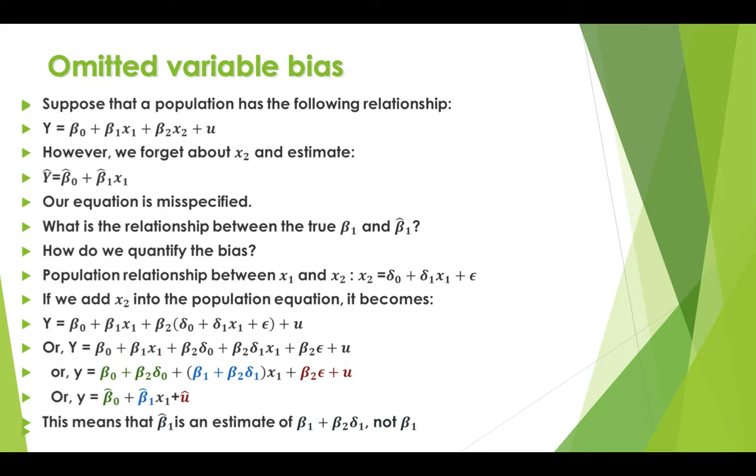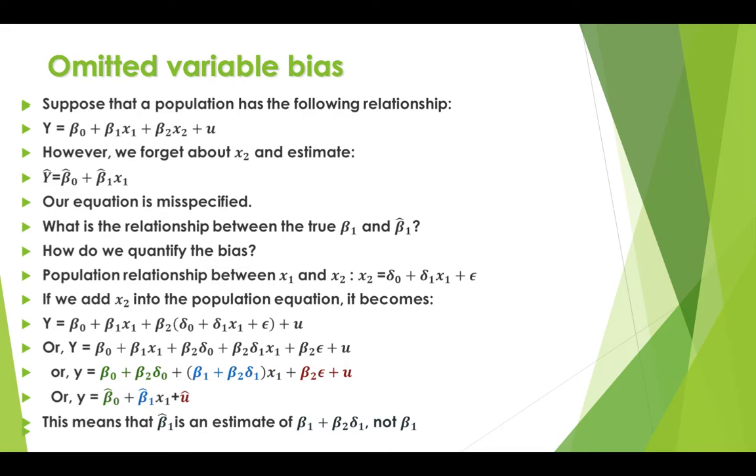Suppose that the population relationship between x1 and x2 is x2 equals delta 0 plus delta 1 x1 plus epsilon. Now, if we add x2 in our population equation, it becomes y equals beta 0 plus beta 1 x1 plus beta 2 times (delta 0 plus delta 1 x1 plus epsilon) plus u.